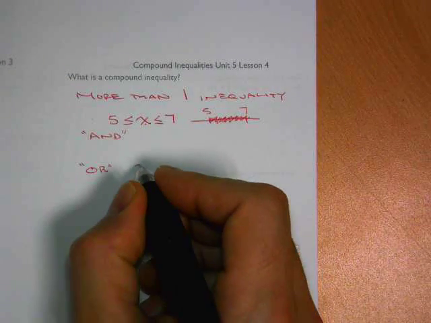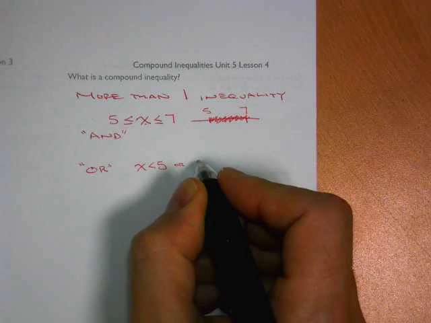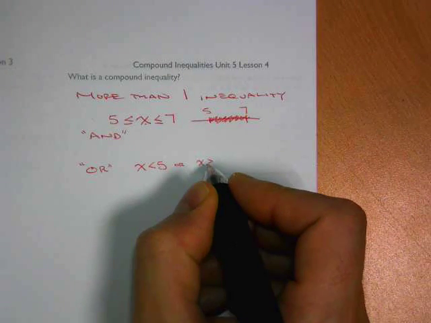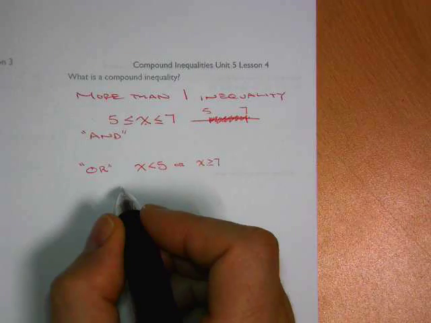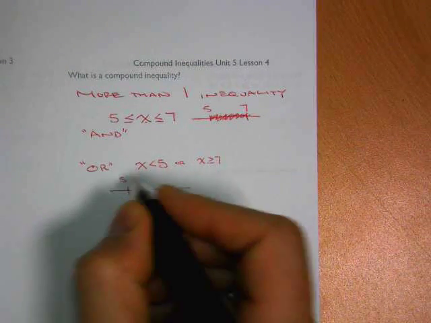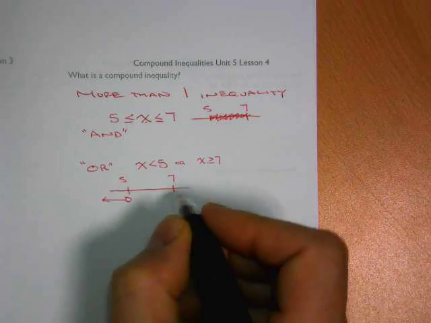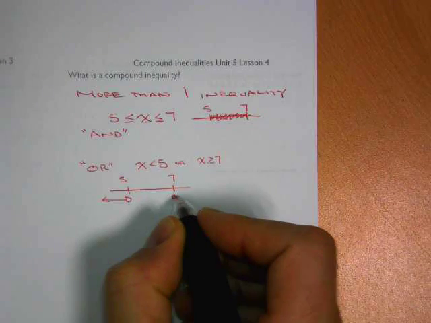So maybe it looks something like this: x is less than 5 or x is greater than or equal to 7, in which case they're going to split apart instead of coming together.